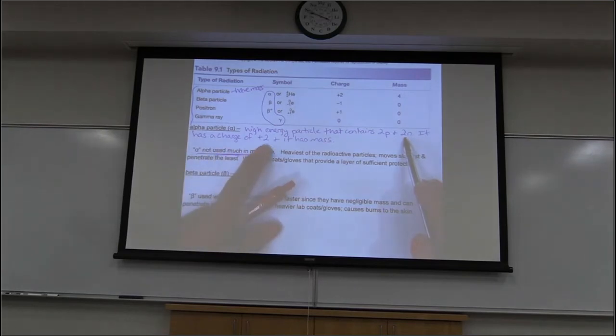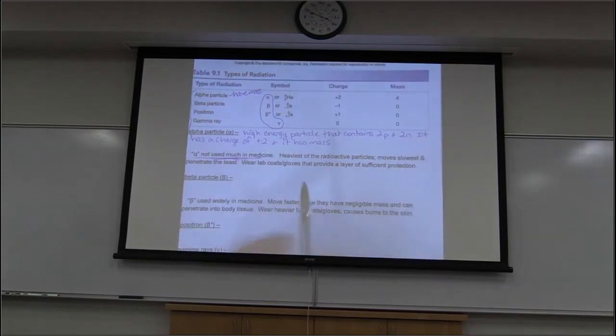And would that make sense of why it has a +2 charge? So that's pretty much just a review. As far as memorizing that about alpha particles, no. But I want you to know it in the sense that you know it from other classes. If I ever said to you, something has 2 protons, you're going to say +2. If here it's got 2 protons, 2 neutrons, you're saying 4 AMU. That's what I'm wanting you to start remembering, and that's why I even wrote it.